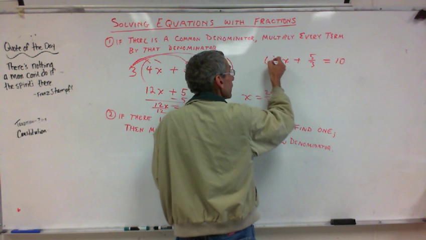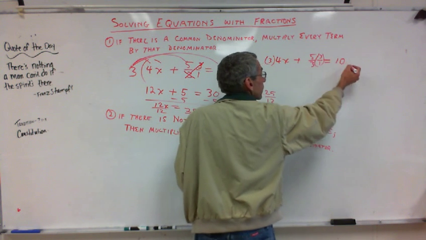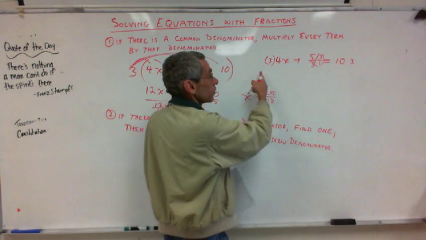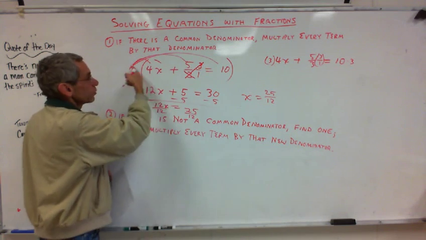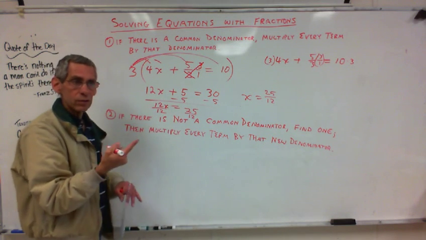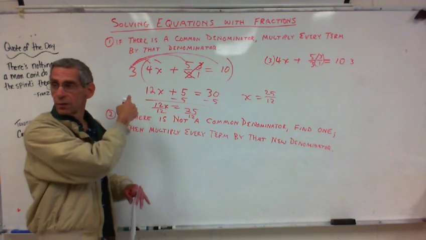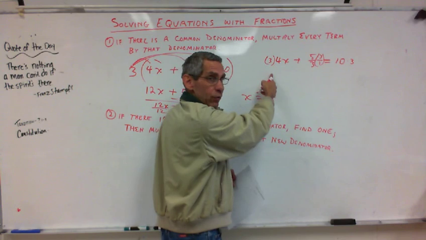So I'm going to multiply this times 3, and this times 3, and this times 3. That way, you're less likely to make the mistake. By using the distributive property with fractions, there's usually somebody that messes up. So this would probably be a safer way to do it.